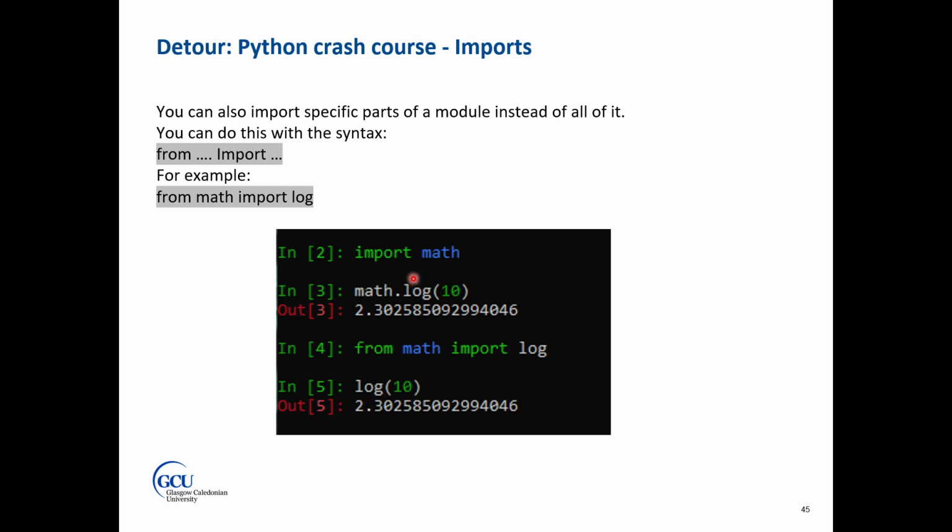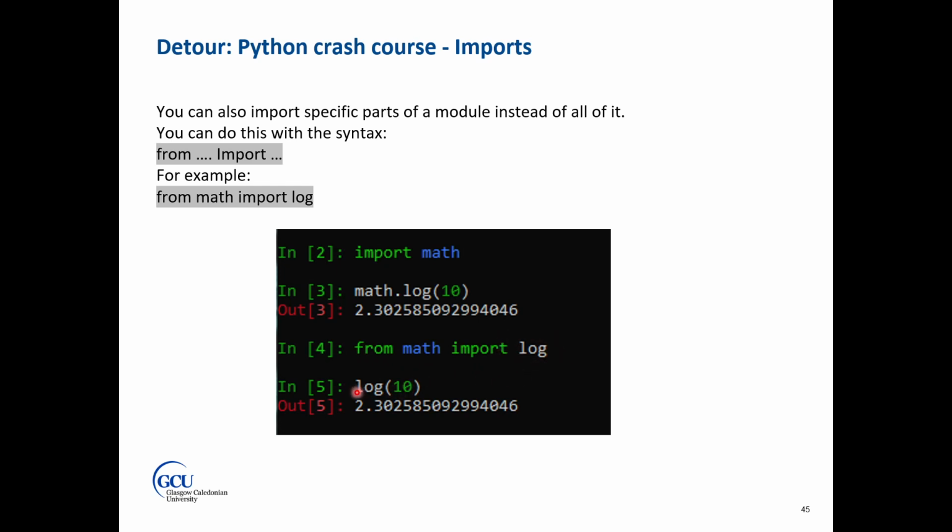But it might also be the case that you only want to access a specific part of a library, because generally you want to import into your code as little as possible, because you want your code to be as light as possible. So for example, if you only want to work with the log functionality from the math library, you write from math import log, and in this case you have access to the log operation but nothing else.